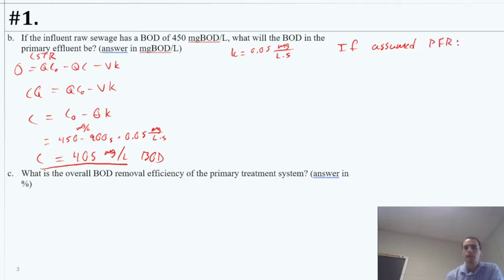But given that it's like a grit chamber removal system, it's just going to be kind of a screen. So it's just water flowing through it. And the zero order process is just, we're taking a steady amount out constantly. So it doesn't strike me like a plug flow reactor. But let's say you did that.